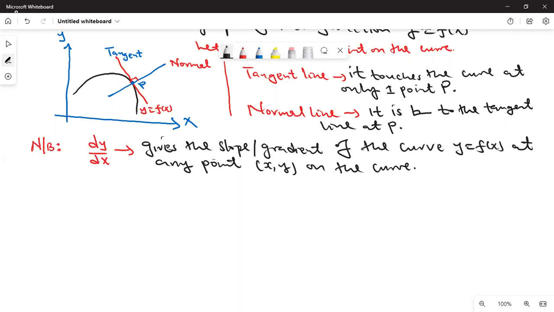What if now we know the point? Because you see x, y is just a general point. If you know the particular point to be x naught, y naught, then what will that gradient mean?